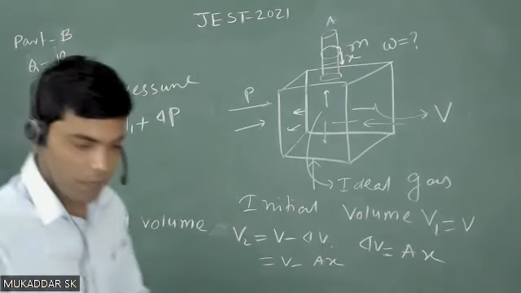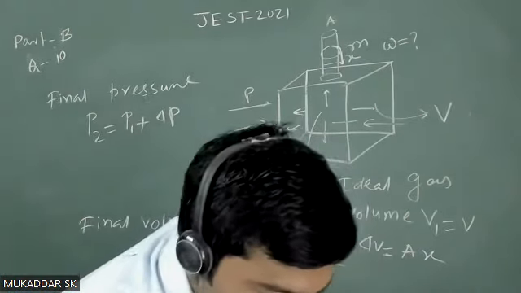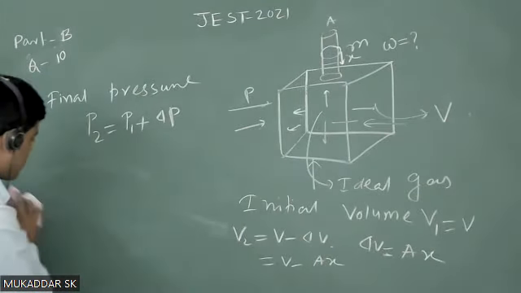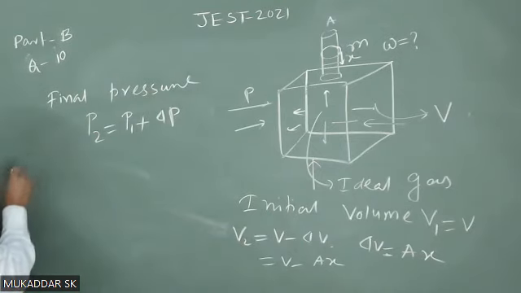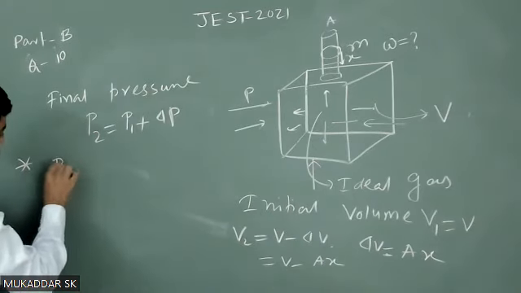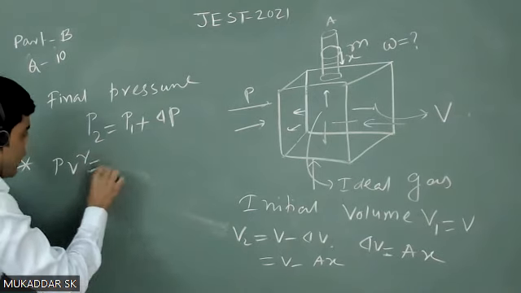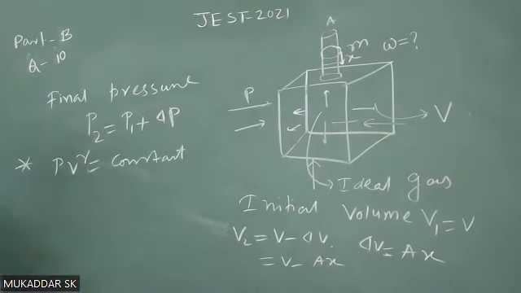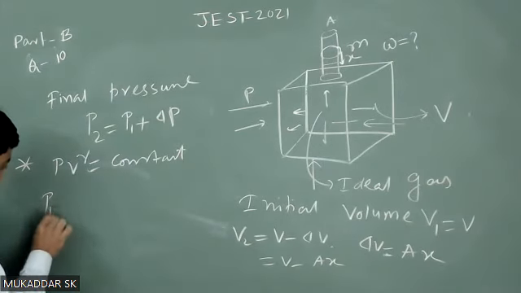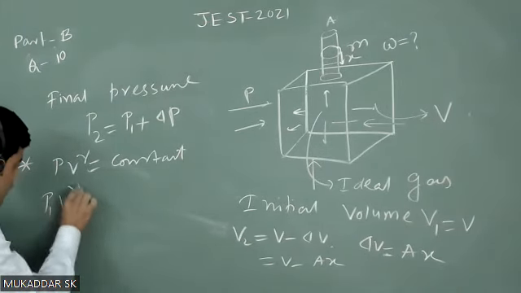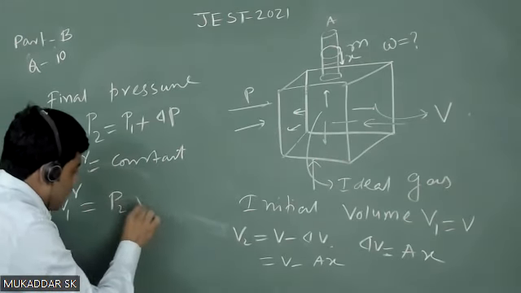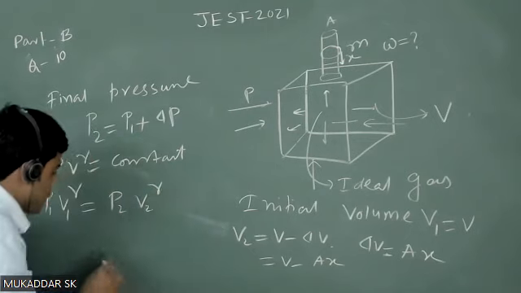Now I'll apply the adiabatic condition, because the process is happening adiabatically here. We know PV to the power gamma is constant in an adiabatic process. So the initial pressure P0 times V1 to the power gamma should be the same as the final pressure P2 times V2 to the power gamma.